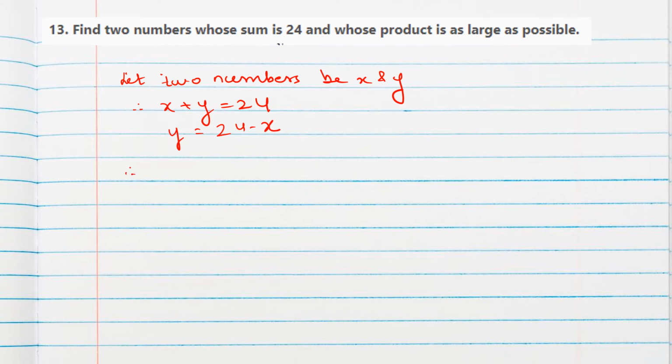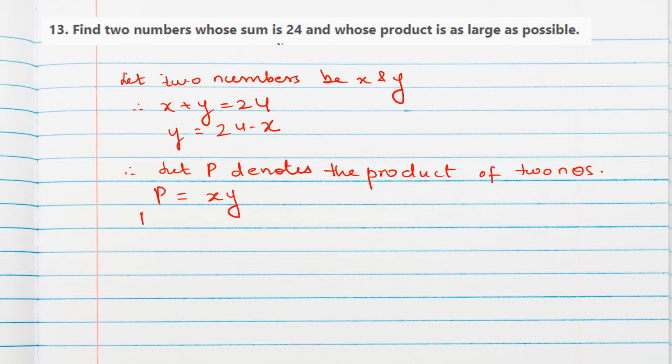So let p denote the product of the numbers. So p is x into y. So p will be, y I wrote as 24 minus x, so p will be 24x minus x square.